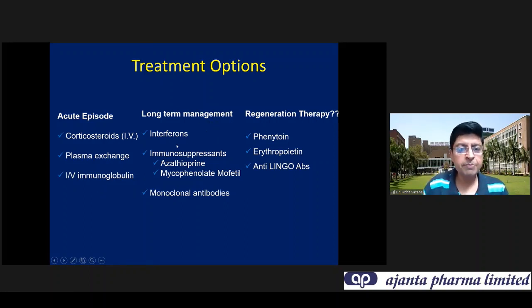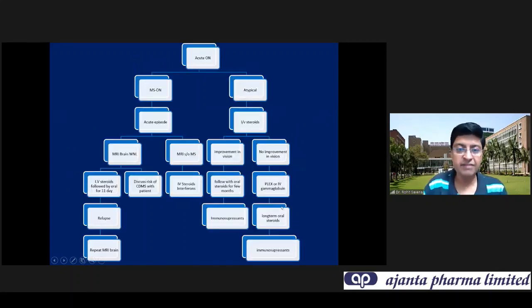The long-term management is interferons for multiple sclerosis, immunosuppressants like azathioprine or even methotrexate or mycophenolate mofetil for NMO, and monoclonal antibodies are being developed and are newer on the block for understanding our management of both MS and NMO. And these are some things that are coming up: regeneration therapy for the nerve to regenerate, to remyelinate, and for improvement, you have these options that are still being tried and are under investigation.